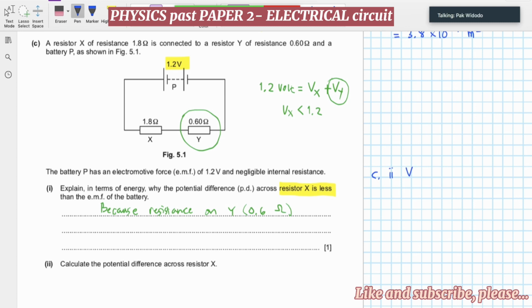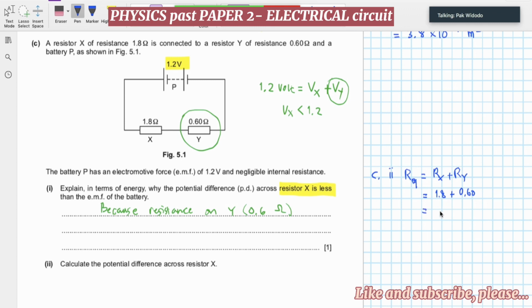When we find total resistance R equivalent, it is actually R on the X plus R on the Y, or 1.8 plus 0.60.